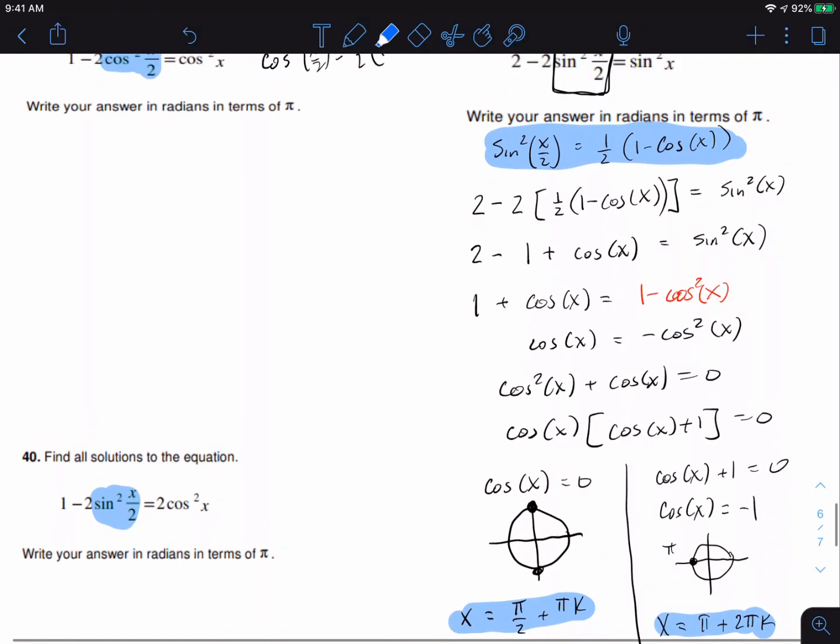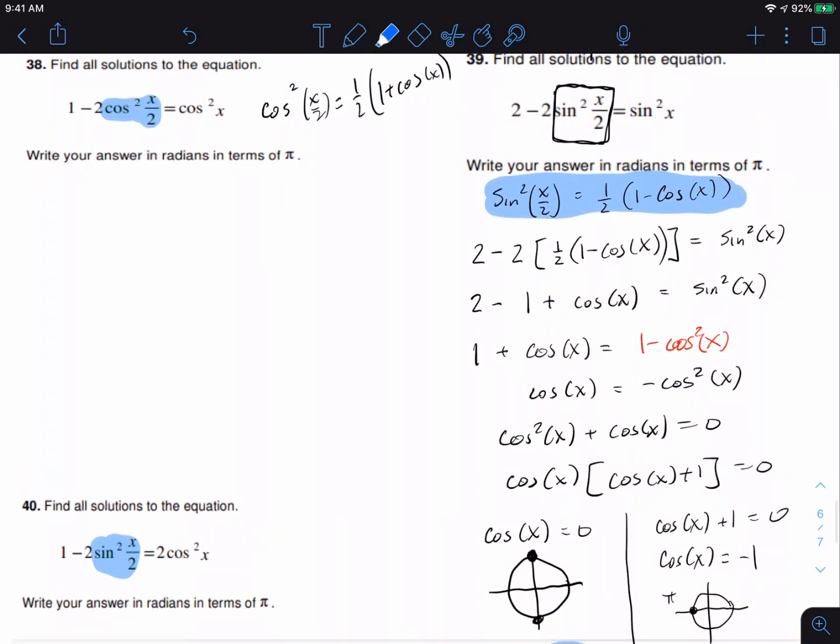But do you guys feel like you could do 38 and 40 based off the example I gave you on 39? All right, I'll stop this right here, and then I'll start a recording for notes 9.